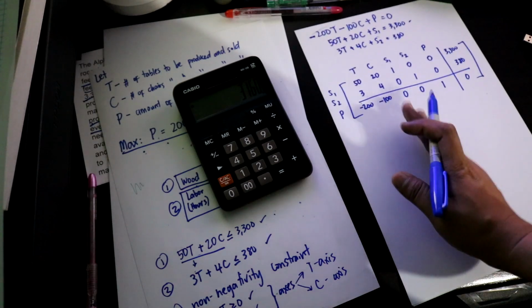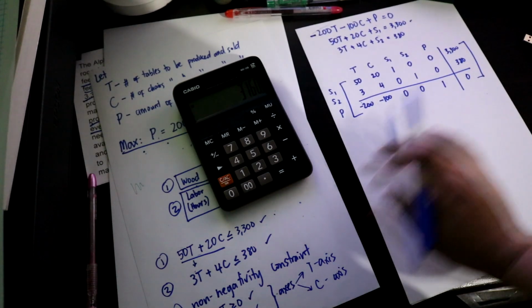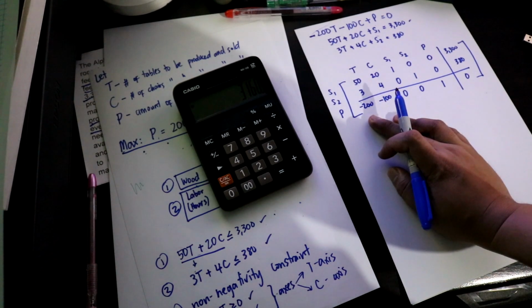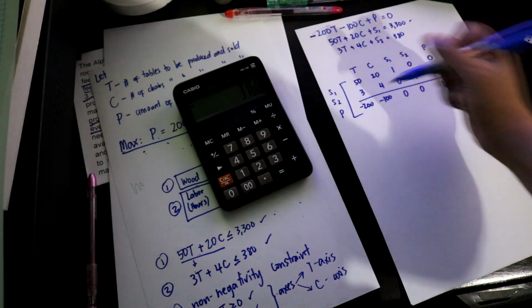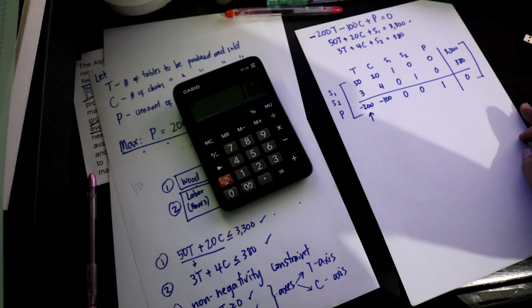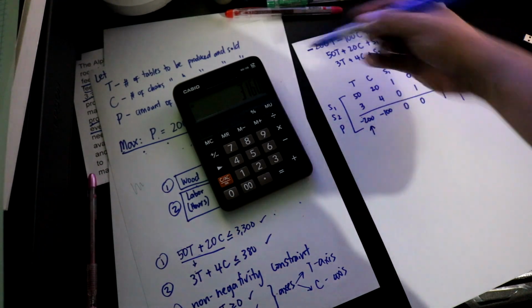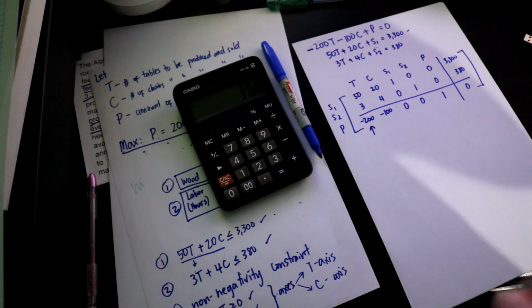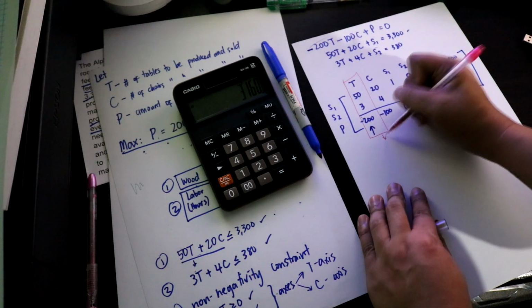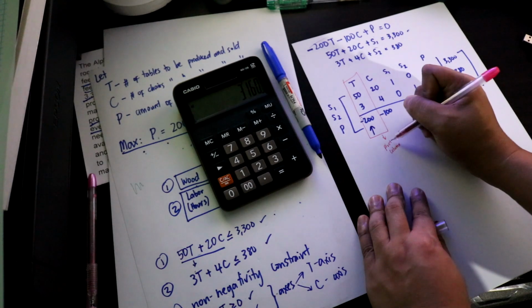We only look at numbers to the left, meaning negative numbers. Which one is the furthest from the point of origin? The most negative number. That's what we're looking for. So, in this case, the most negative number is 200. And now, this entire column here becomes what we call our pivot column.